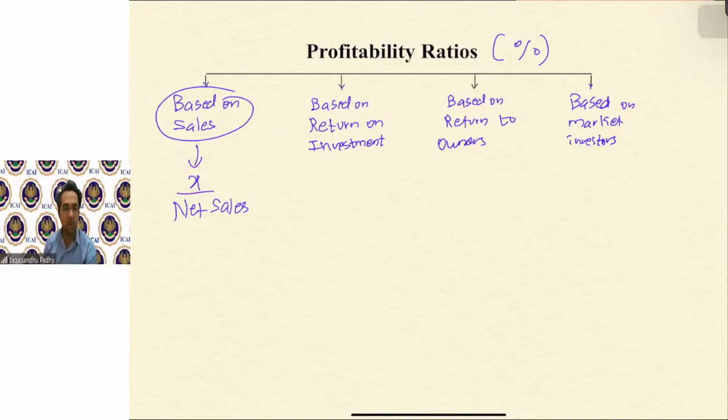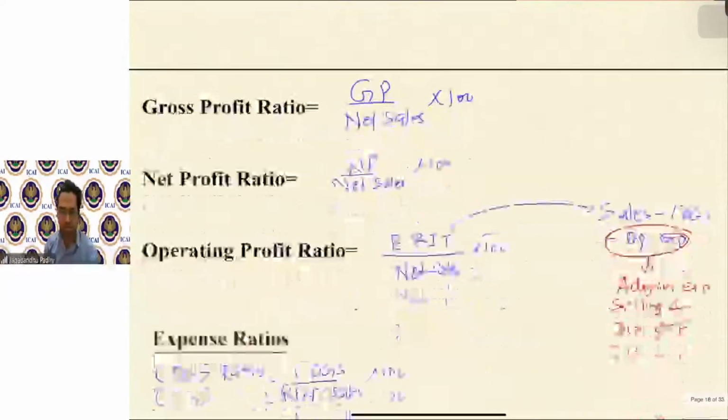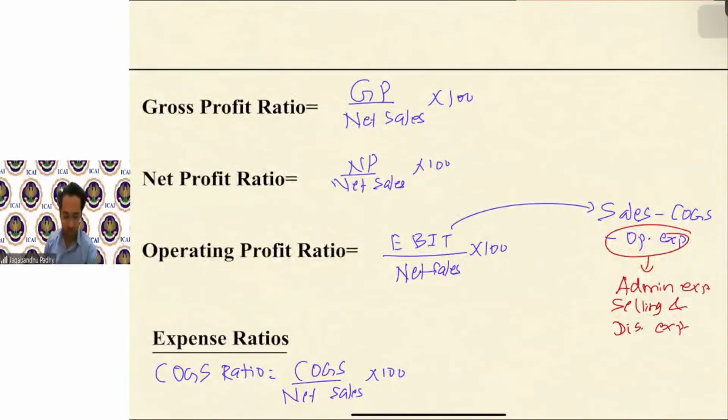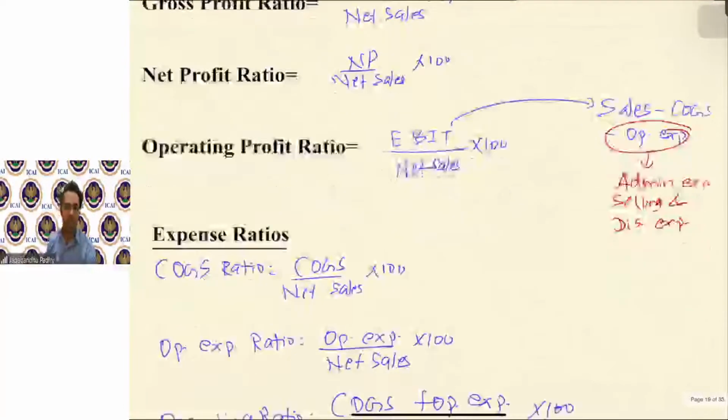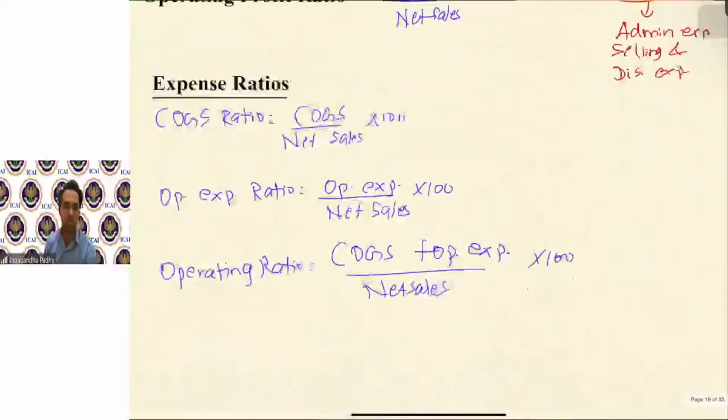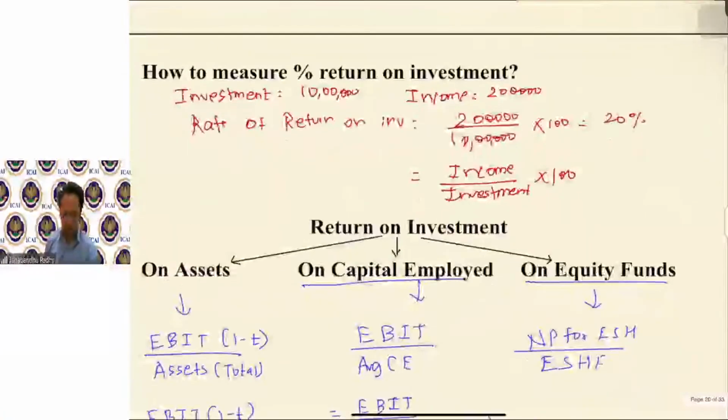We had certain profitability ratios which were based on return on investment, certain ratios based on what return we are providing to the owners, and also certain market ratios. We had gross profit ratio, net profit ratio, operating profit ratio, expense ratio, operating expense ratio. Then, how do we measure the percentage return on investment?